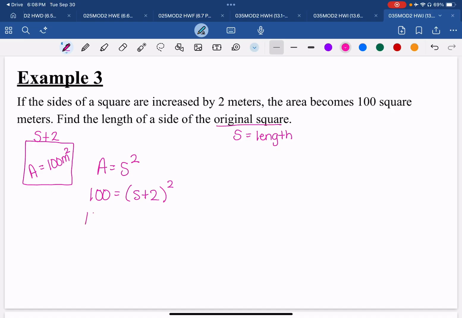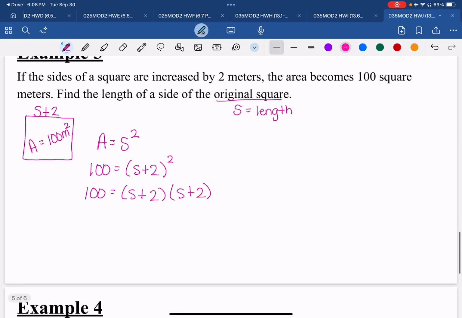When you square that, that just means side times side, so s plus 2 times s plus 2. I'm going to multiply that out. That's s squared plus 2s plus 2s plus 4. Combine like terms: s squared plus 4s plus 4.